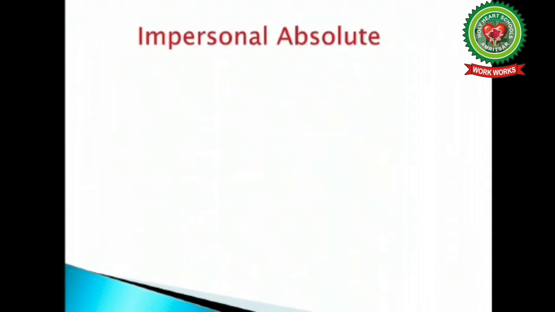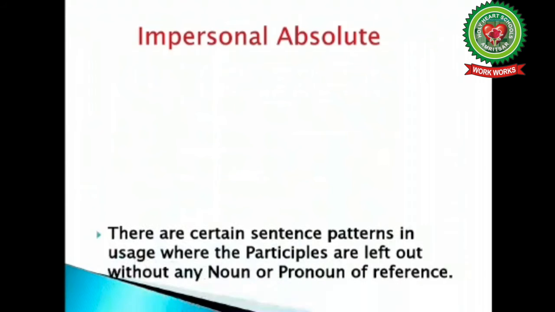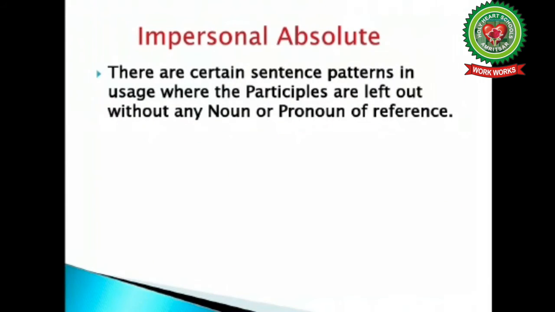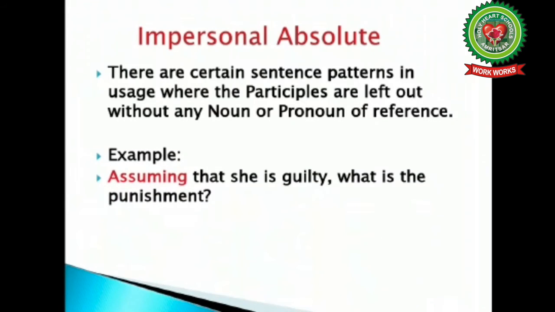Impersonal absolute. There are certain sentence patterns in usage where the participles are left out without any noun or pronoun of reference. For example, assuming that she is guilty, what is the punishment?